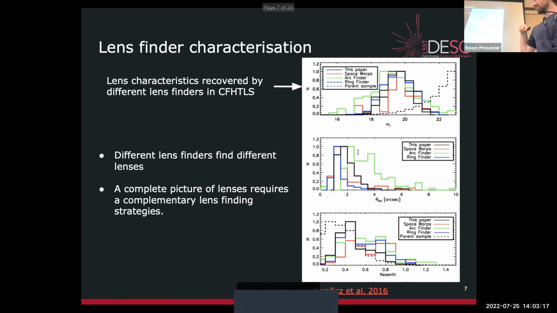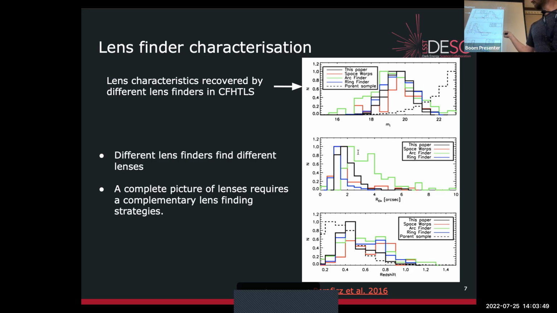And of course, this is not just for the convenience of people. It's because there is an interest in running varied kinds of lens finders, because each lens finder, as we showed in this study a few years ago, even if they are very similar in the way they work, these ones were just recognizing morphologies, even if they work on the same data set, they still find strong gravitational lenses with very different properties, whether in terms of Einstein radii, redshift, or magnitude.